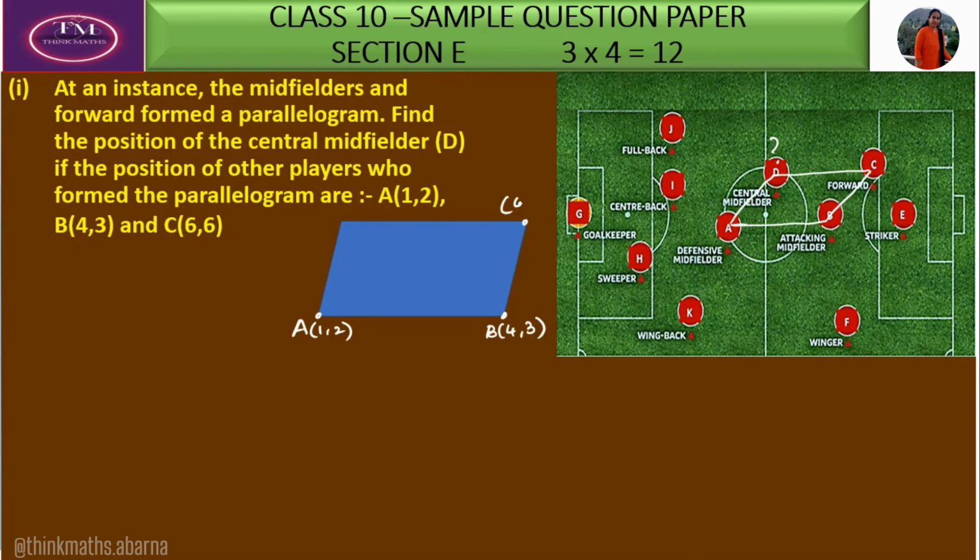C is 6, comma 6. D we don't know, let us keep that as x comma y. We have to find out the value of x comma y.